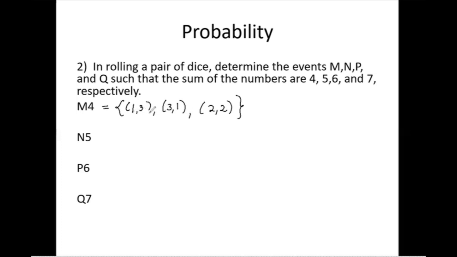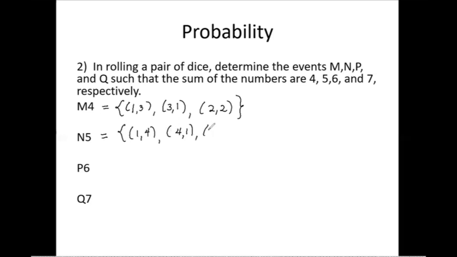Di ba? Okay? For the event N5, dapat ang maging total ay 5. So, pwede ang 1, 4. Tama, 1, 4. Then yung 4, 1. 5 na yun.